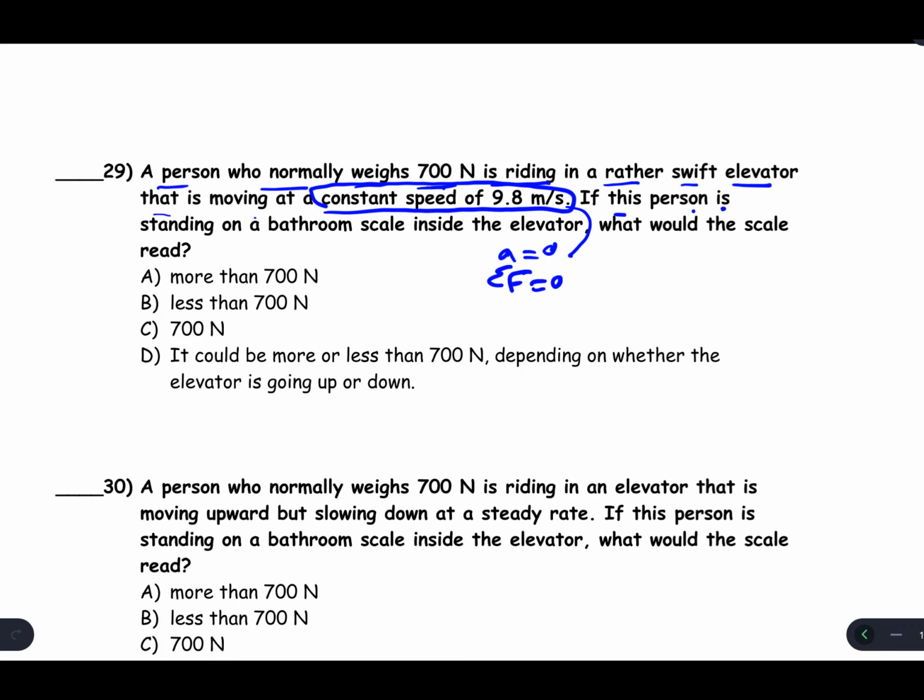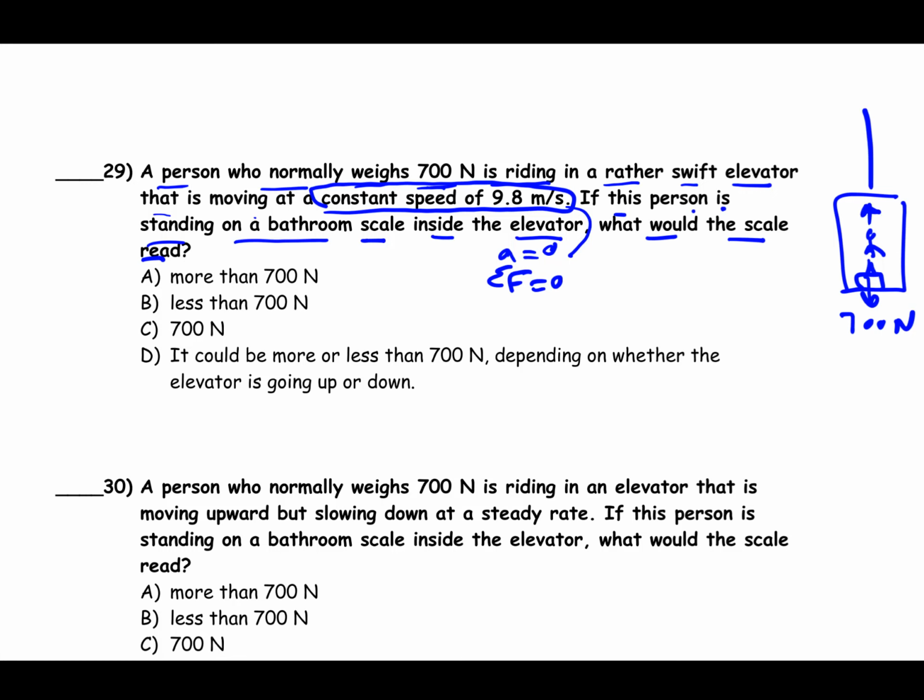If this person is standing on a bathroom scale inside the elevator and he weighs 700 Newton, what would the scale read, the tension or the apparent weight? Exactly 700. Why? Because the net force equals 0, from acceleration equals 0, from constant speed. So the answer is 700.